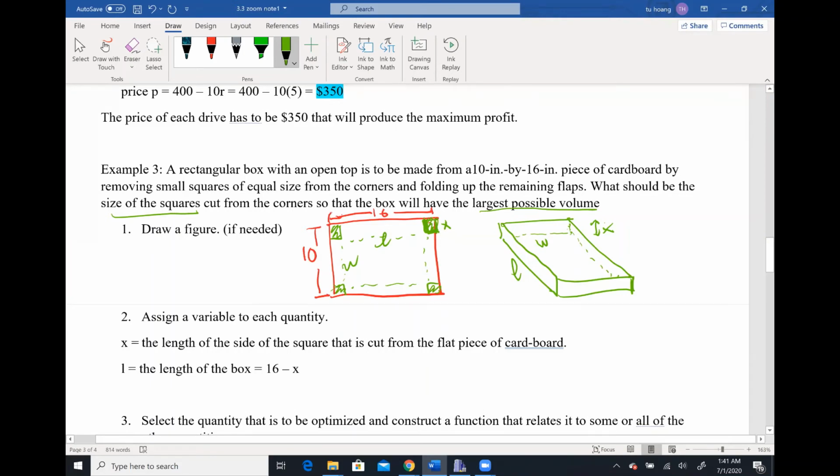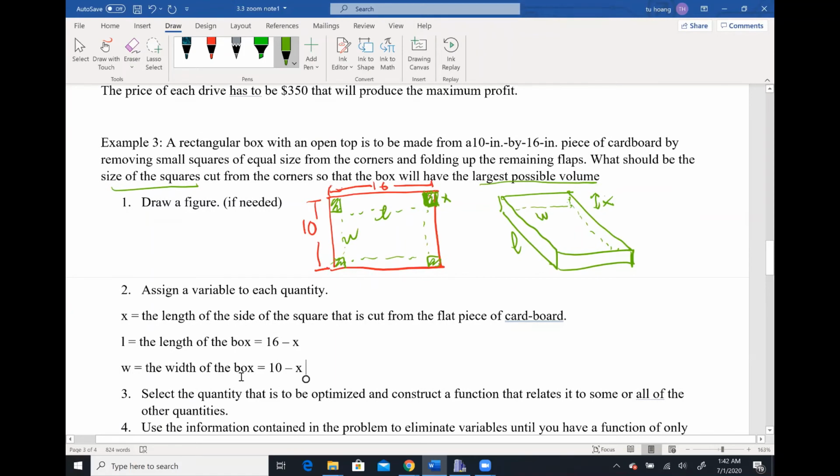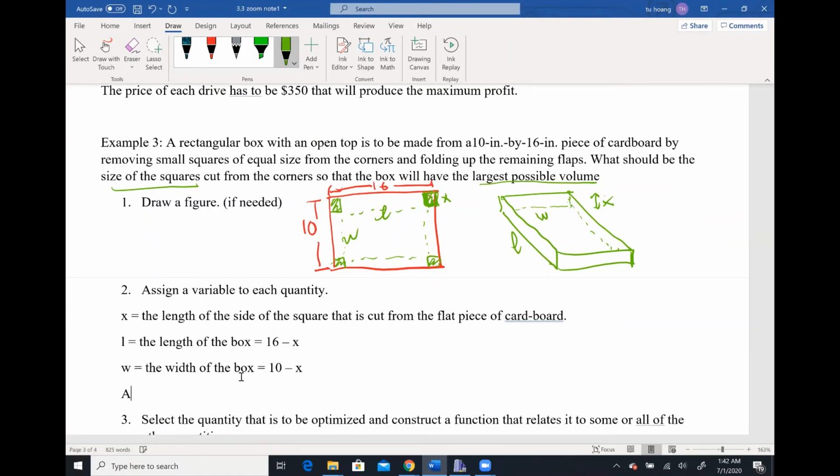W is the width of the box, equal to 10 minus x. And V is the volume of the box.